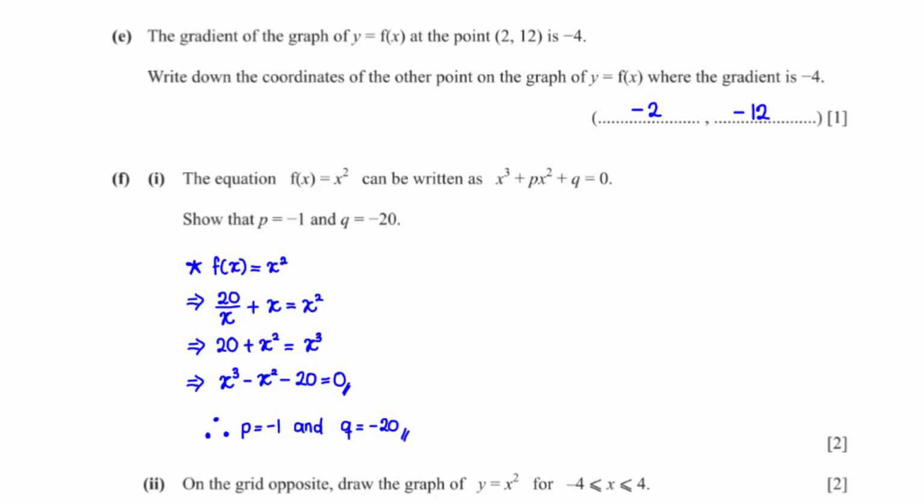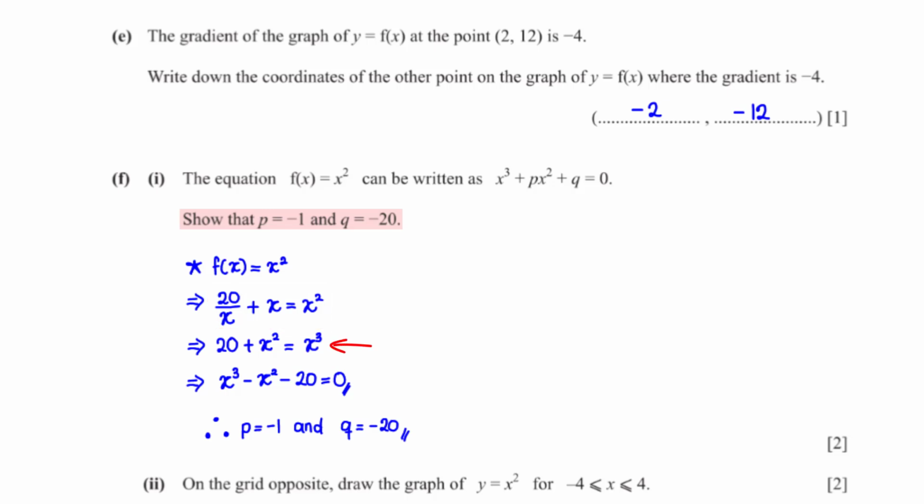The equation f of x equals x squared can be written as x cubed plus p x squared plus q equals 0. Show that p equals -1 and q equals -20. We know f of x is 20 over x plus x. When we multiply through the equation by x, this is what we get.